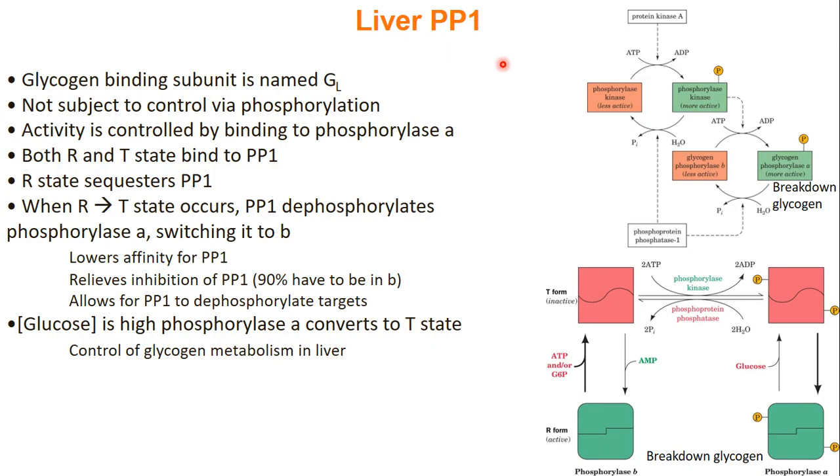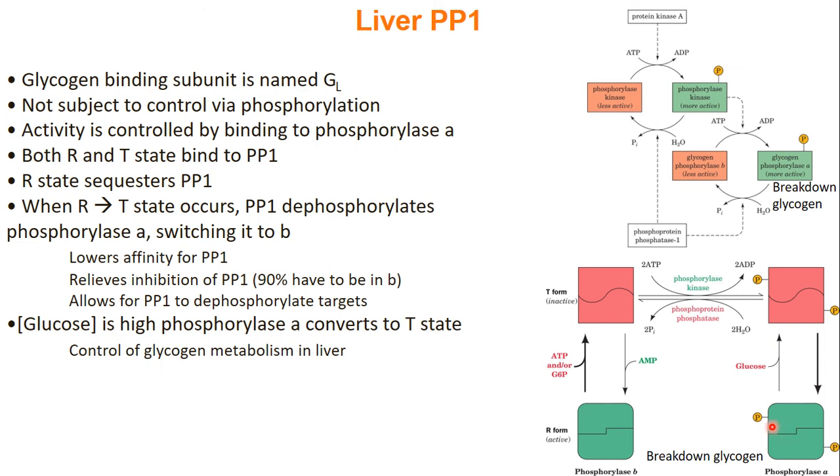Now that was all muscle. Let's just briefly look at liver PP1. The glycogen binding unit here is GL, not GM, as we saw in the muscle. Here, we're not dealing with phosphorylation as we did in the muscle. Rather, the activity of PP1 is directly controlled by binding to phosphorylase A. Remember, phosphorylase A can break down glycogen, right?